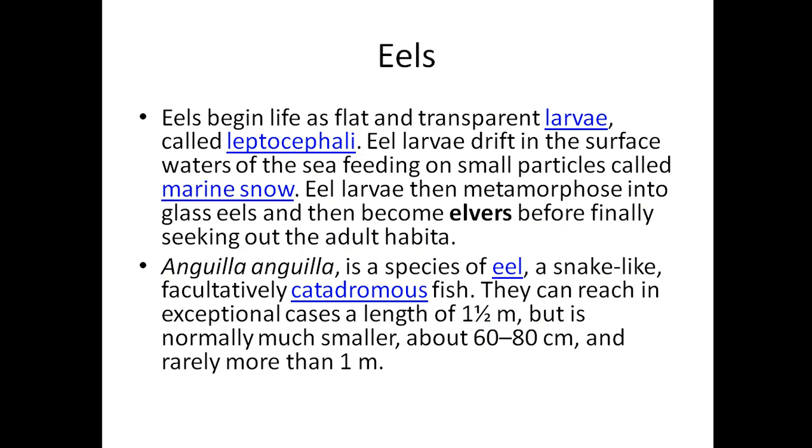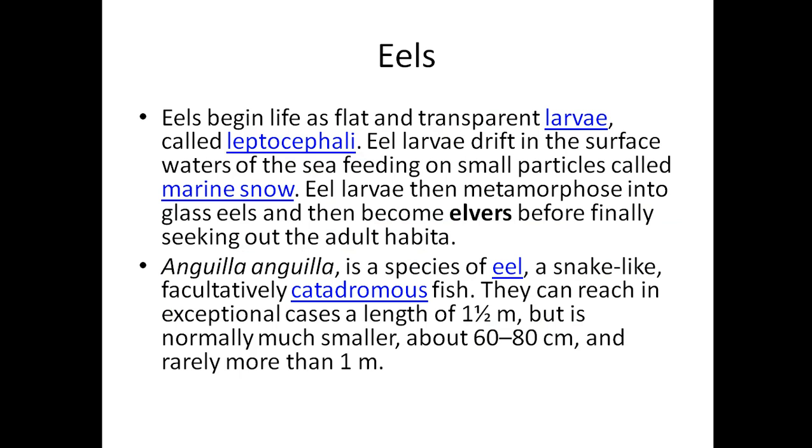The small particles which float on the marine water are known as marine snow. This leptocephalus or eel larva grows by eating this marine snow, then metamorphoses into a glass eel, perfectly transparent. So that's why the name glass eel.